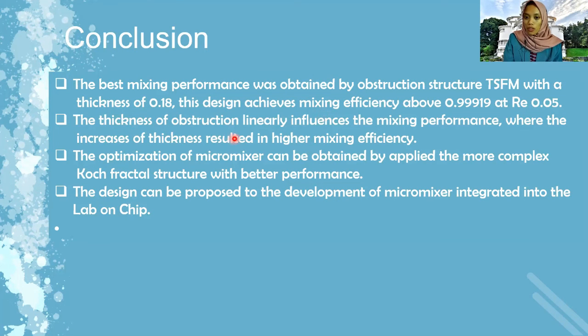The thickness of the obstruction linearly influences the mixing performance, where increasing the thickness results in higher mixing efficiency. The optimization of the micromixer can be obtained by applying a more complex fractal structure with better performance, and the design can be proposed for the development of micromixers integrated into the LOC.